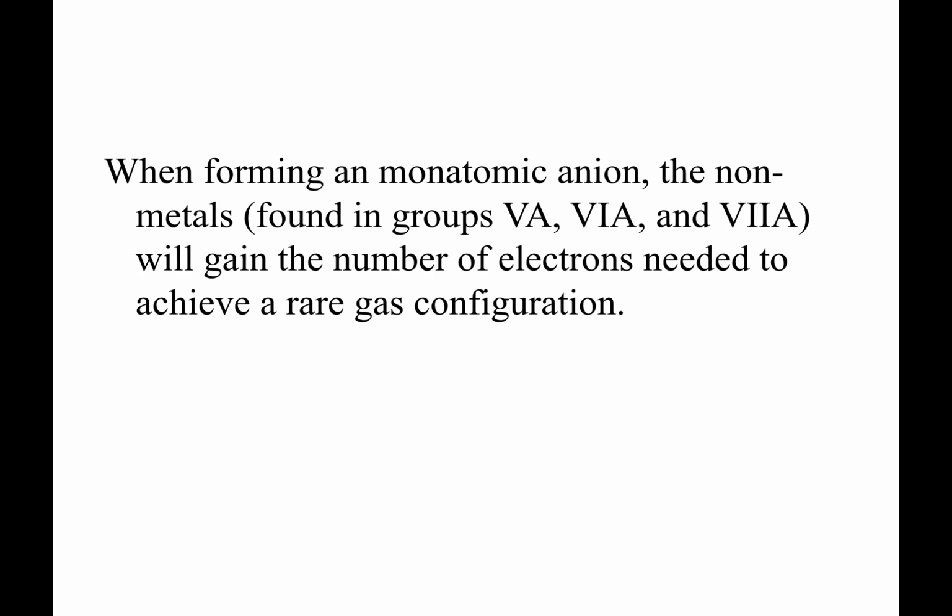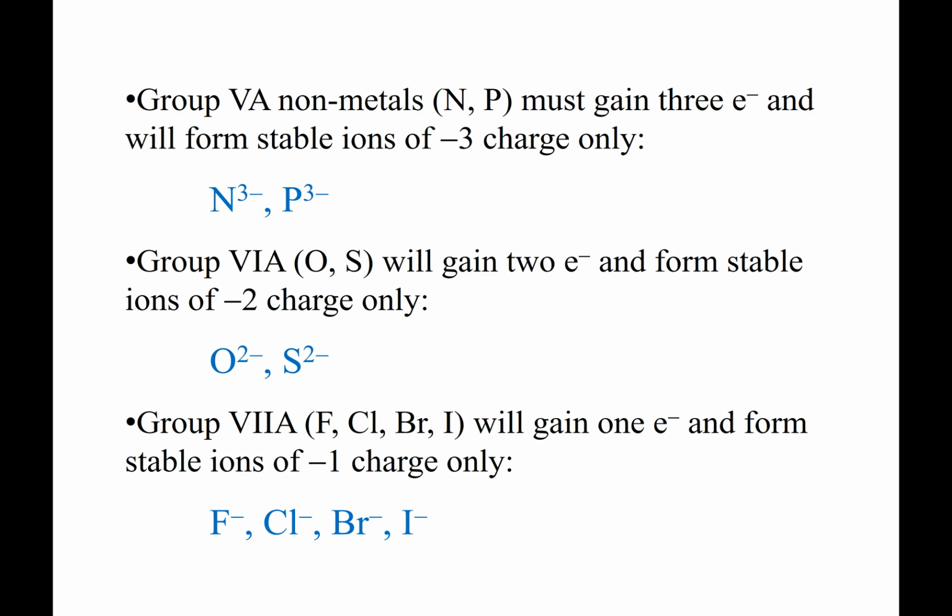What charges? Yep. -3, -2, -1, exactly. And they're listed right here. Okay? So when students say, oh my gosh, I have to memorize that chlorine forms a -1 monoatomic ion. No, you don't. You just got to have your periodic table. Find it in 7A.